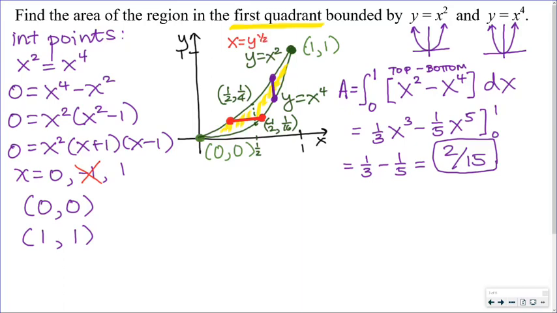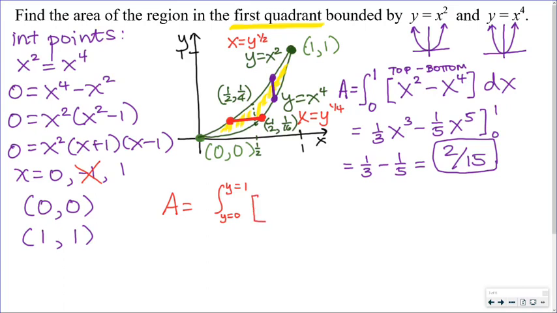I have to solve for x, and this equation becomes x equals y to the 1/4. And now when you set up your equation, the limits look the same, but this is now y equals 0 and y equals 1. And now you're doing right minus left, the big x value minus the small x value.